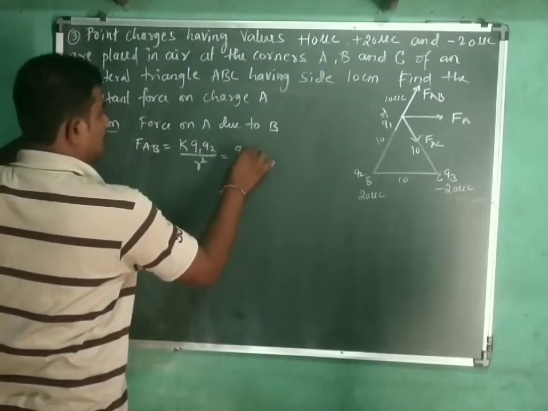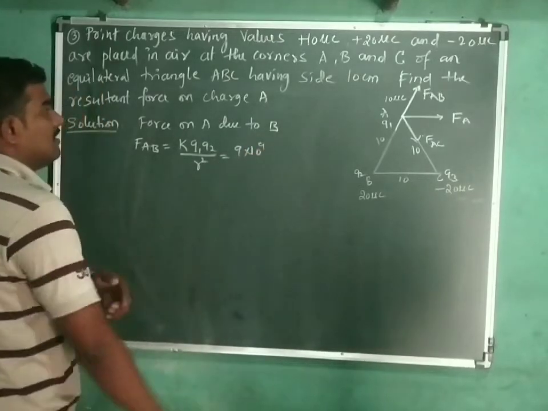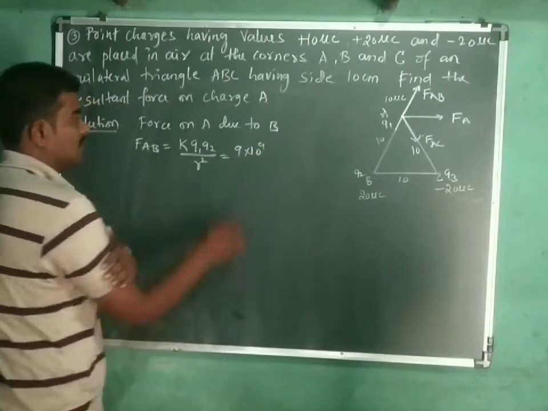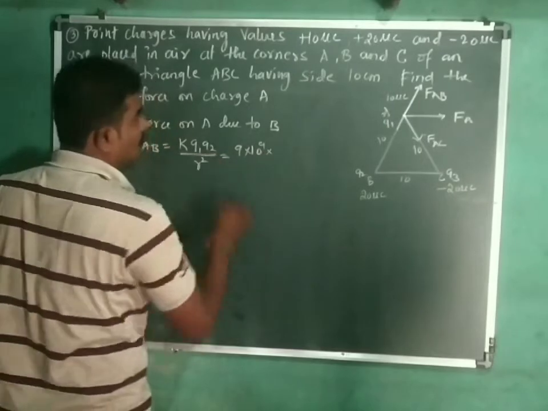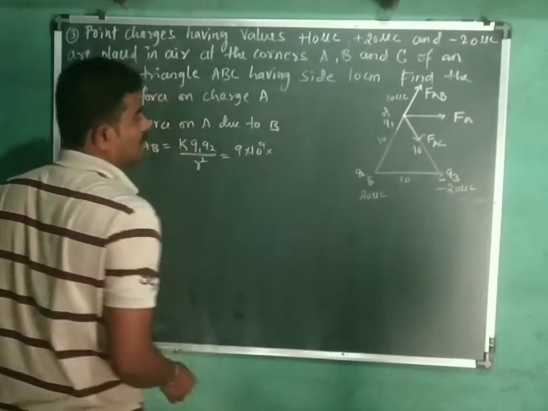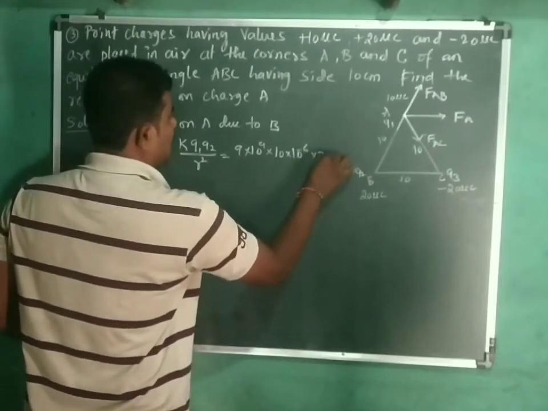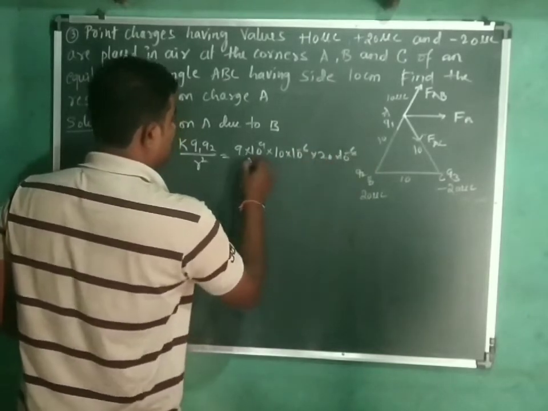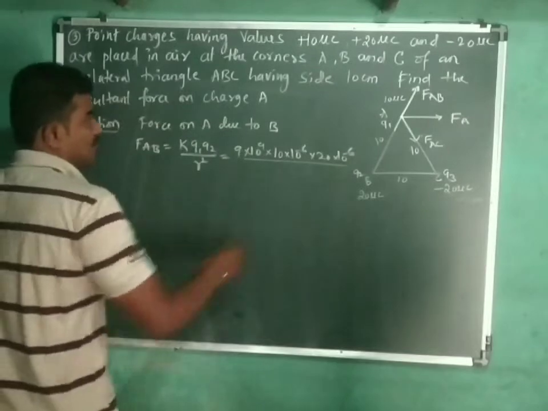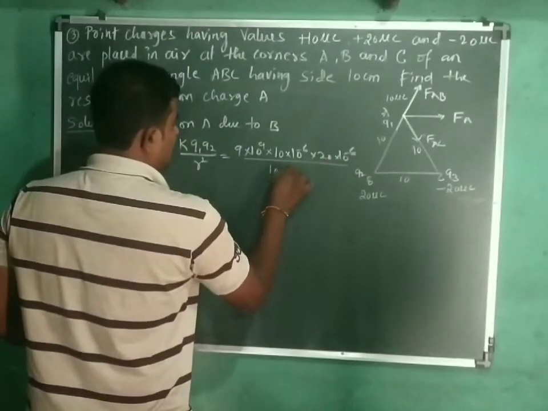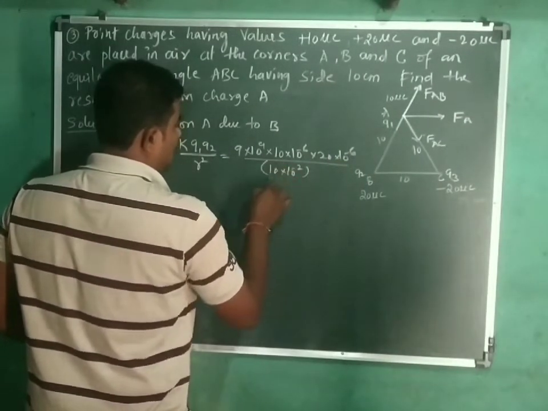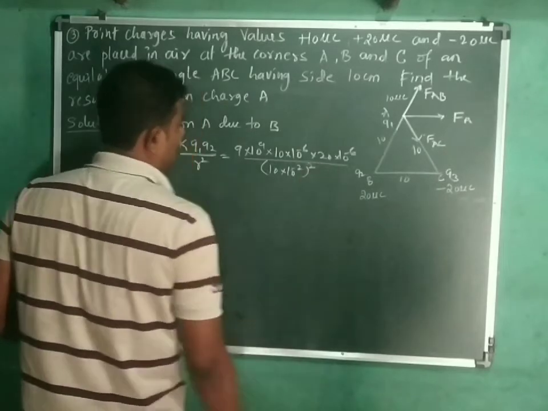K is 9 into 10 to the power 9, since 1 divided by 4 pi epsilon naught is 9 into 10 to the power 9. Q1 is how much? 10 microcoulomb, and Q2 is how much? 20 microcoulomb. So 10 into 10 to the power minus 6, 20 into 10 to the power minus 6 divided by R square. R square is distance, so it is 10 into 10 to the power minus 2. It is in centimeter, we have to convert it into meter.